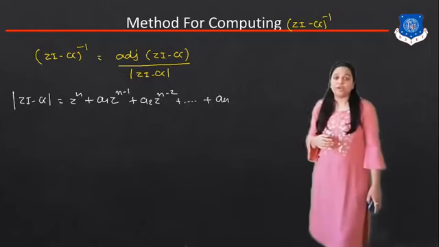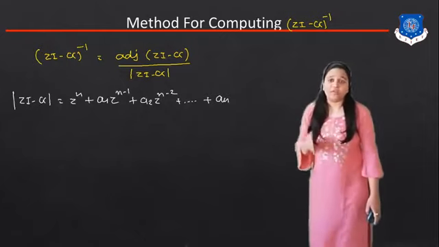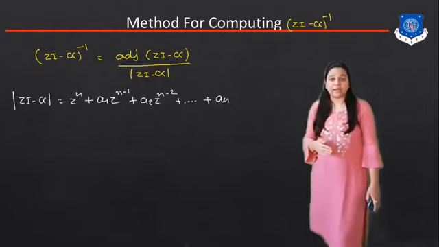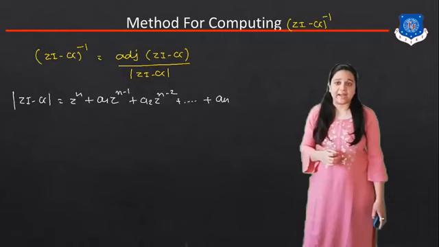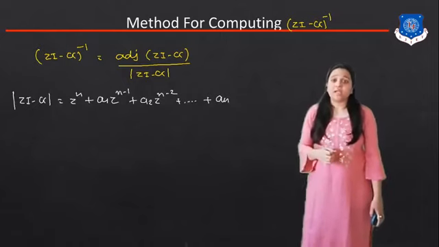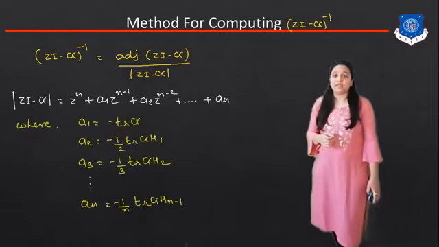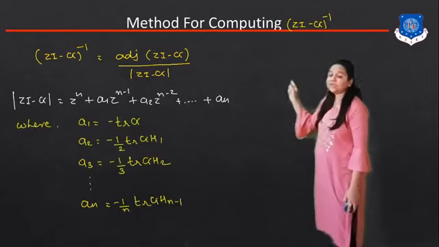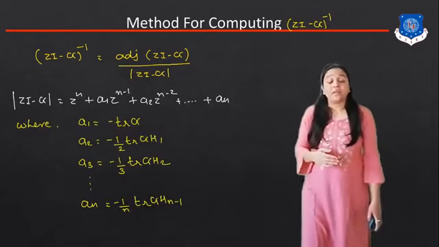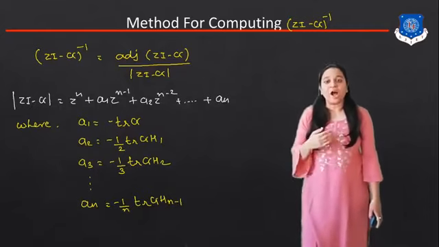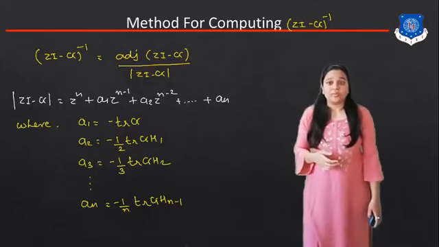First of all, we will find the values of a1, a2 and an. After that, we will find the value of the mod of (zI minus G). So what is the equation of a1? a1 is equal to minus trace G. Here, trace is the trace of the matrix. Now how can we find the value of the trace?